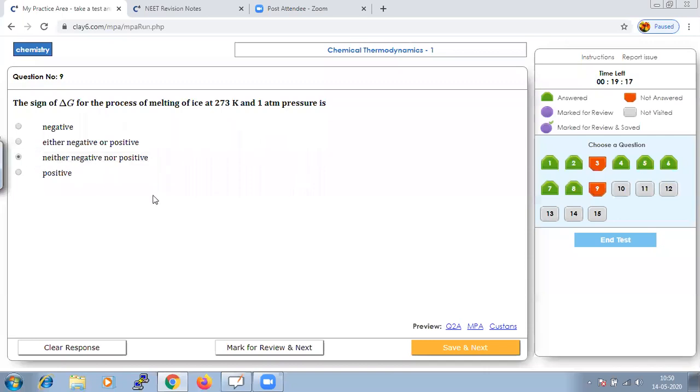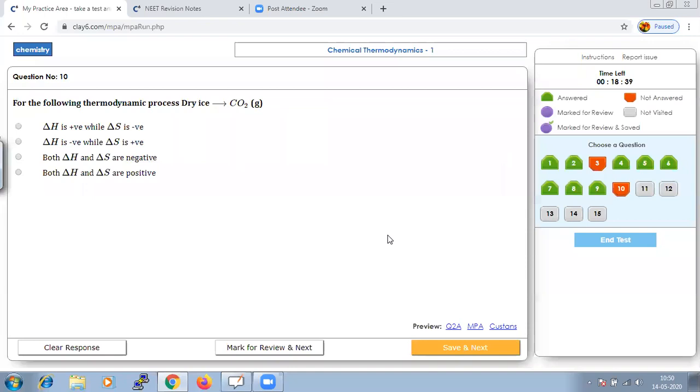If they would have given 0 in the options, that would have been the right answer. Since we do not have that in the options, the answer is neither negative nor positive. Let us save that and go to next question.